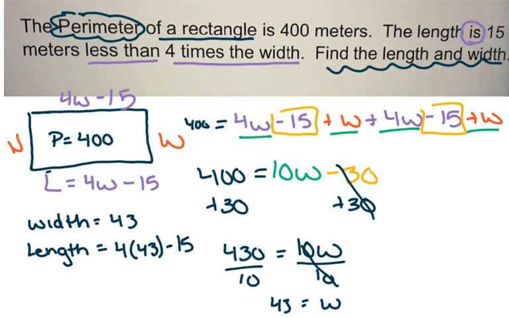We might have to type that in our calculator. And once you do, you should get 157. And then these are meters, so we need to make sure we have our units.